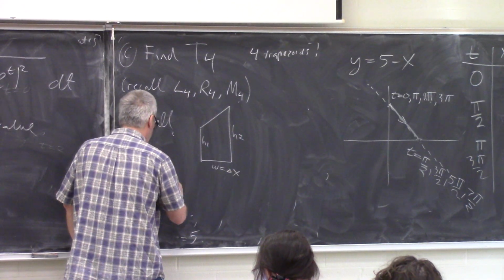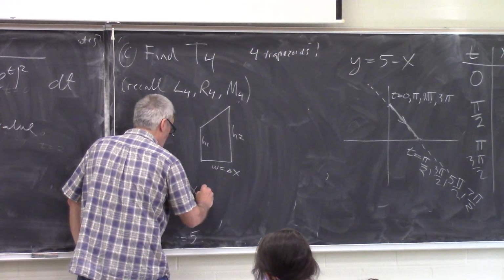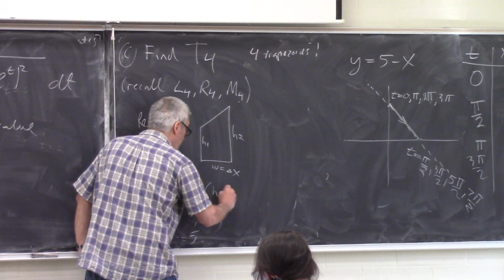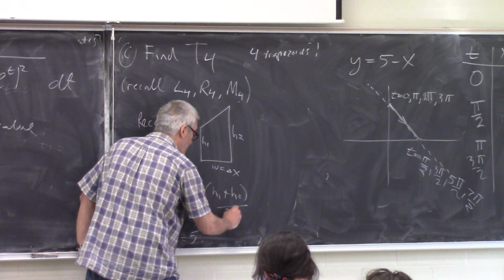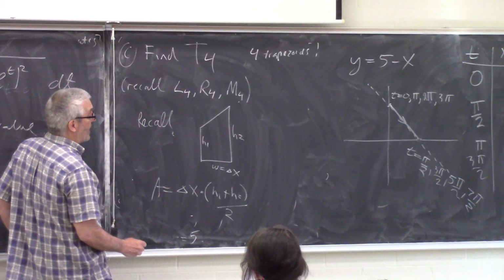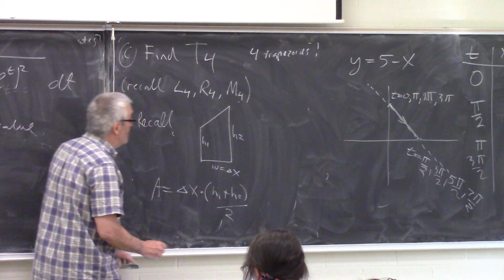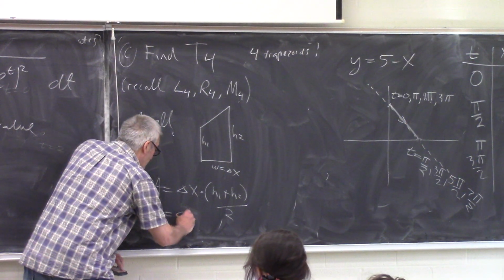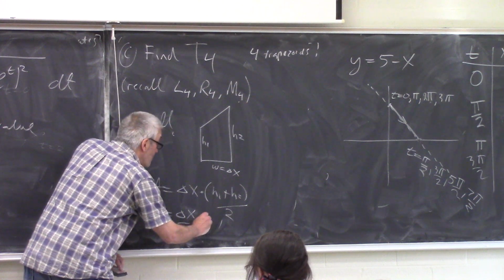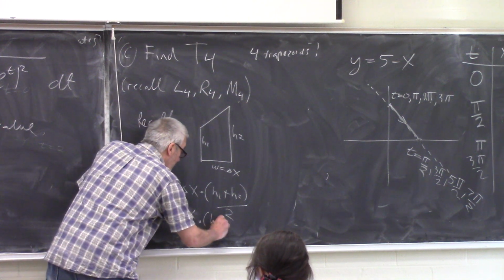The area is going to be delta x times h1 plus h2 over 2. That's the formula for a trapezoid area. You take the average of the two parallel sides. So in other words, delta x over 2 times h1 plus h2.